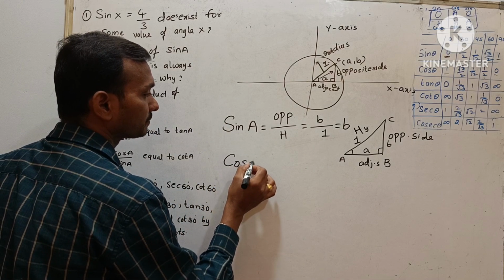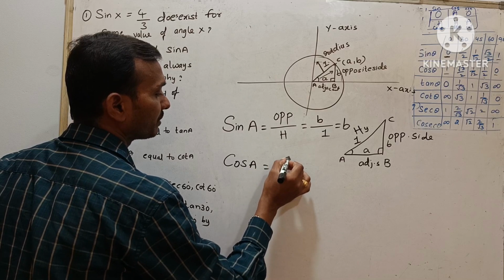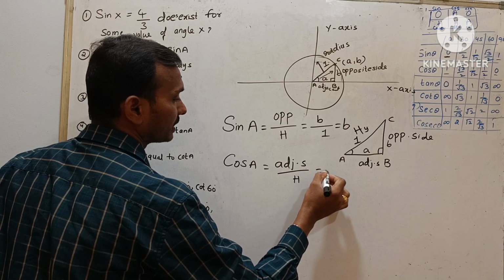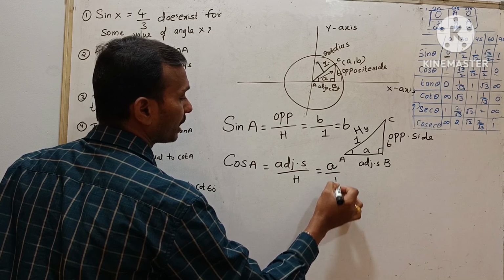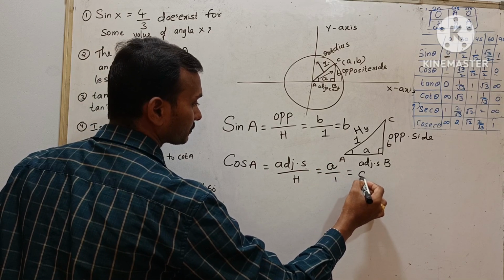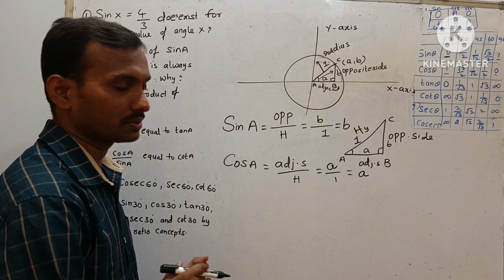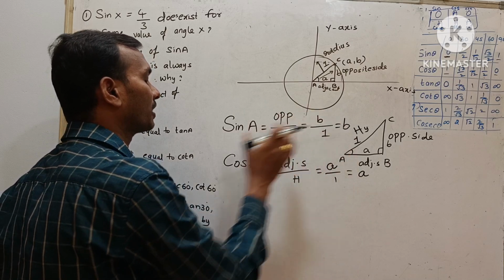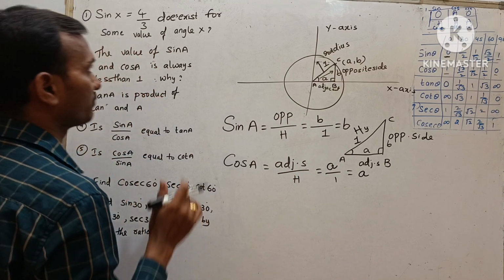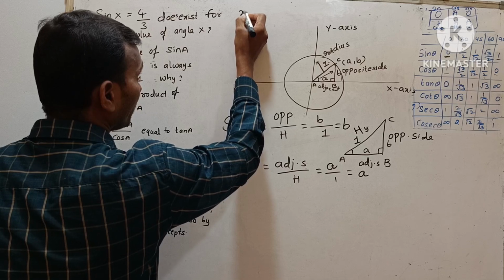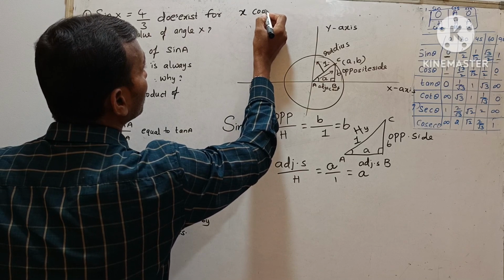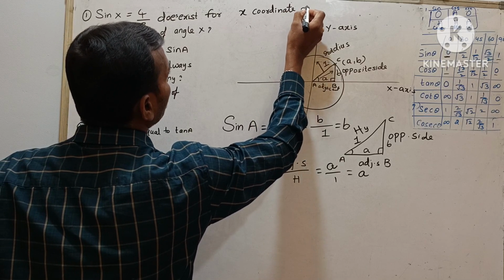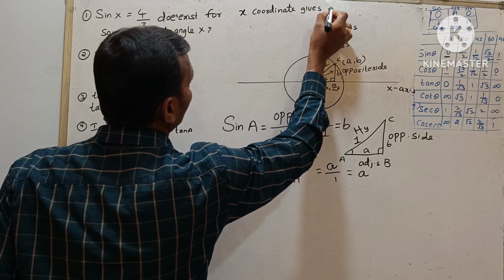Cos A is adjacent by hypotenuse, that is small a by 1, which is a. From this we understood that the x coordinate will give you cos values and the y coordinate will give you sine values. So first we have to understand that the x coordinate gives the cos value.